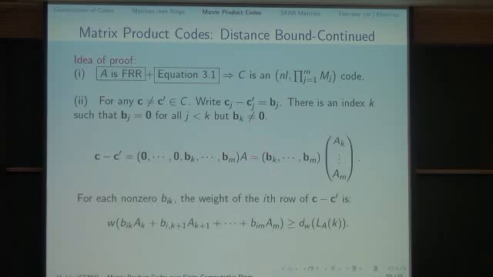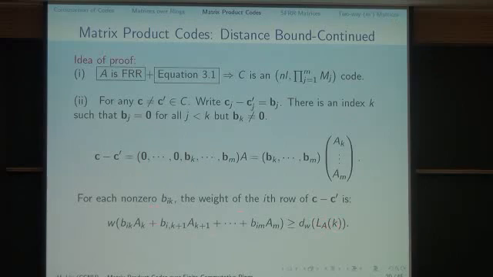For the vector p_k, notice that it is written in column form. So if you take non-zero b_ik, we can find the weight of the ith row is this, but this is non-zero since A is full row rank. If you take a_k through a_m, it generates a linear code, L_k.